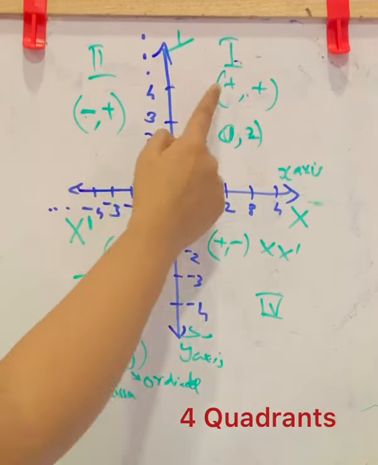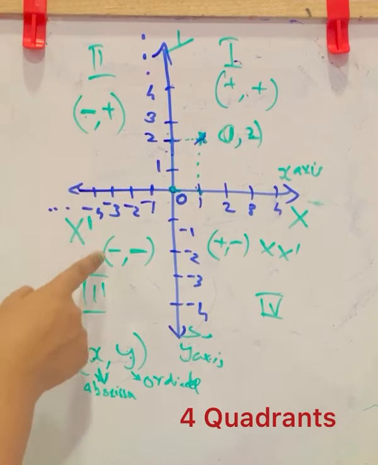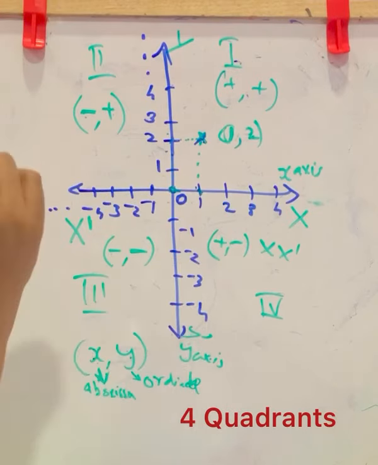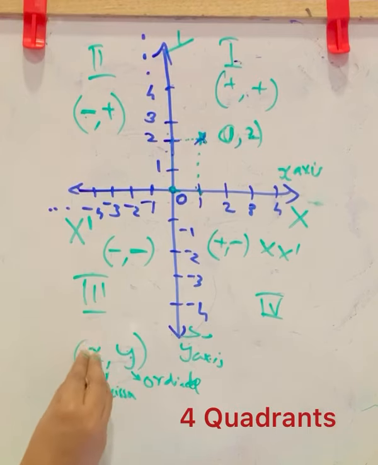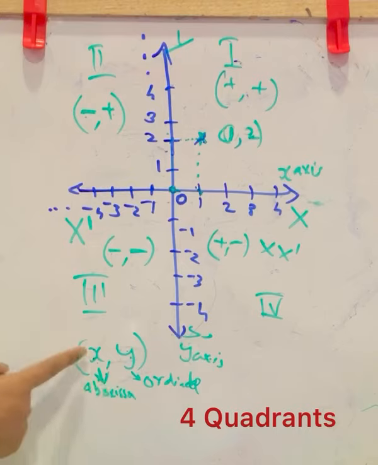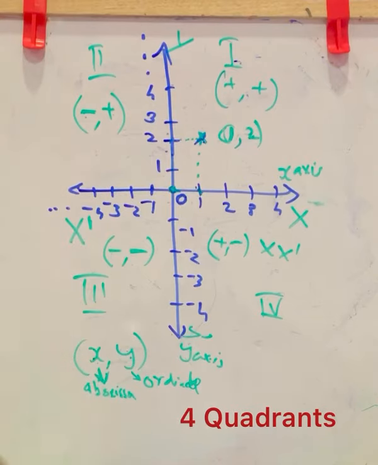In the second quadrant x coordinate is negative, y is positive. In the third quadrant x and y are negatives. In the fourth quadrant x is positive, y is negative. Also, always write the x value first and the y value as the second value. The x coordinate is also called abscissa and the y coordinate is also called ordinate. This point is the origin.